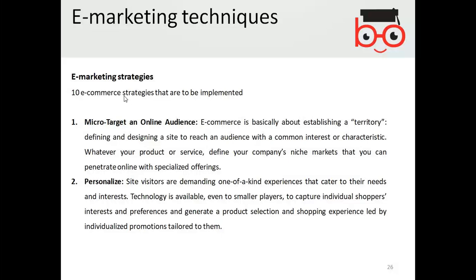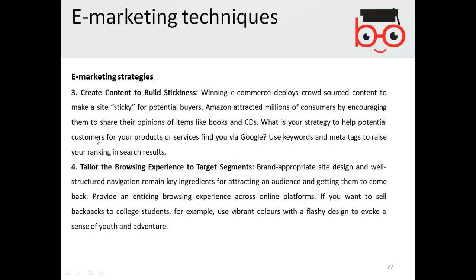So the next strategy, the third one, is to create content to build stickiness. Winning e-commerce deploys crowdsourced content to make a site sticky for potential buyers. Amazon attracted millions of consumers by encouraging them to share their opinions of items like books and CDs. What is your strategy to help potential customers find your products or services via Google? Use keywords and meta text to raise your ranking in search results.